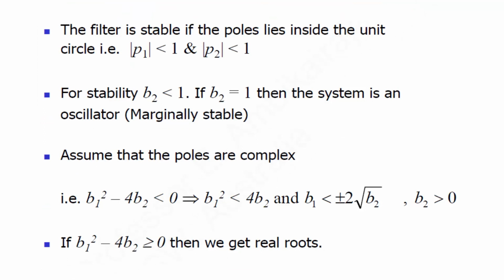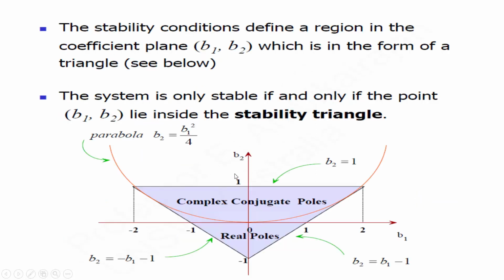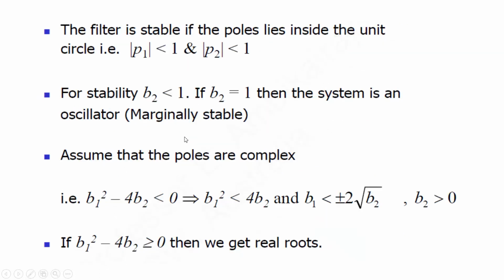b2 is you get this value. So sorry, b1 is plus minus 2 b2 under root b2. So from here you get the value of b2, right? And once you manipulate this, you have to square it.